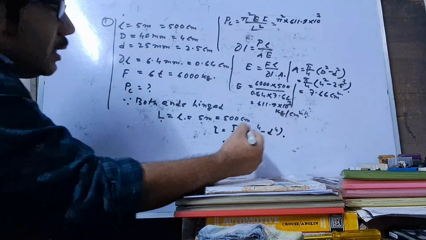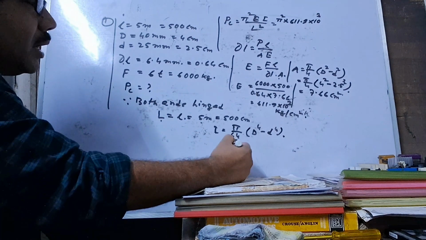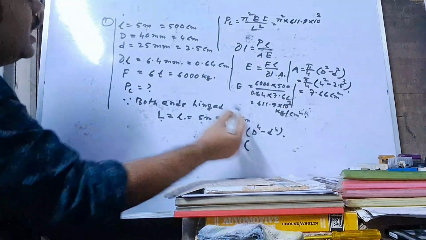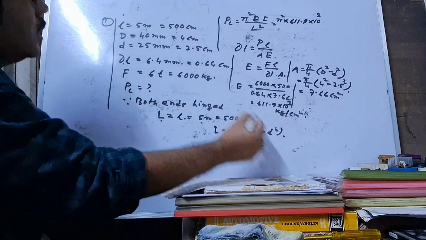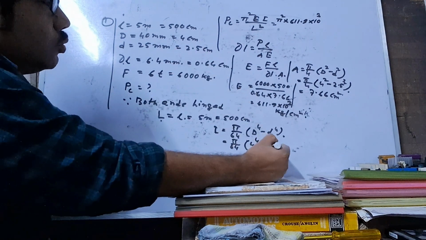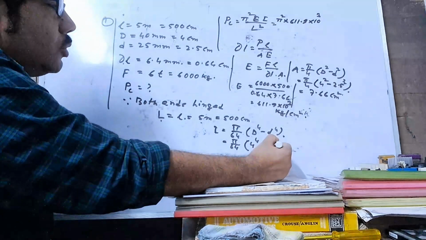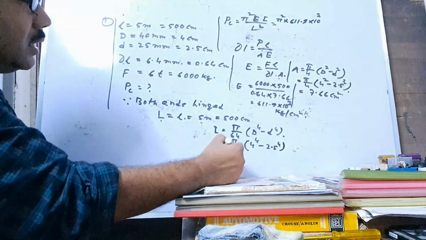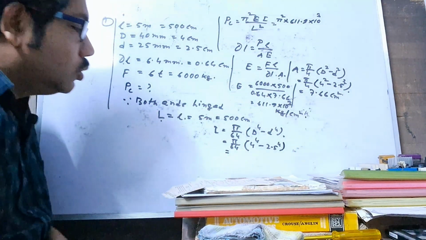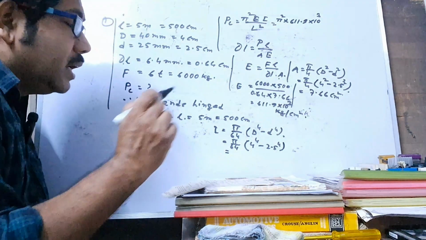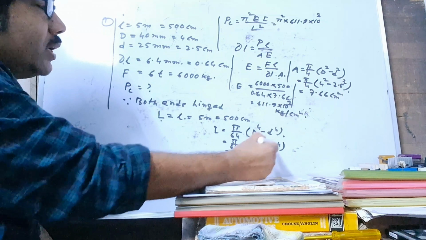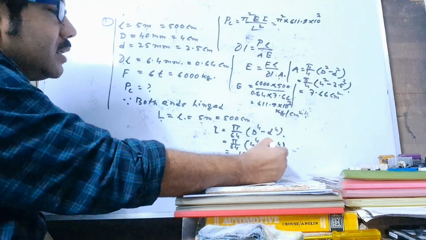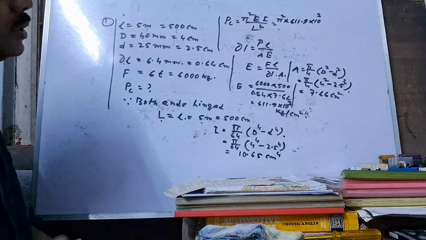And here pi by 64, capital D means 4 to the power 4, small d means 2.5 to the power 4. And this value will be 10.65 centimeter to the power 4.